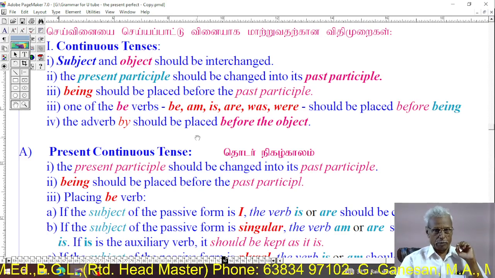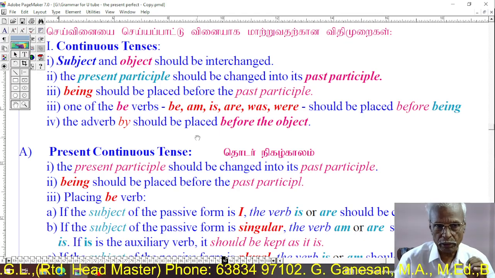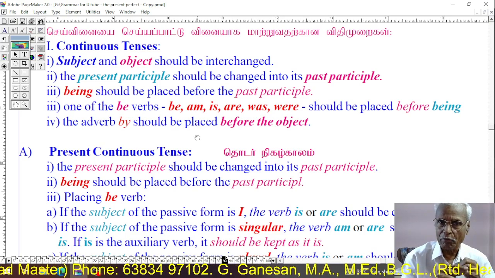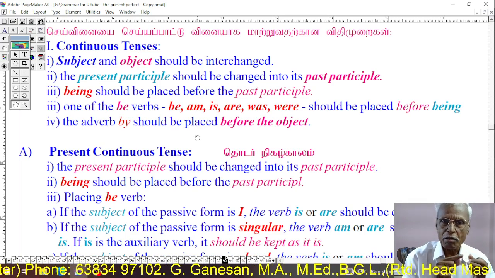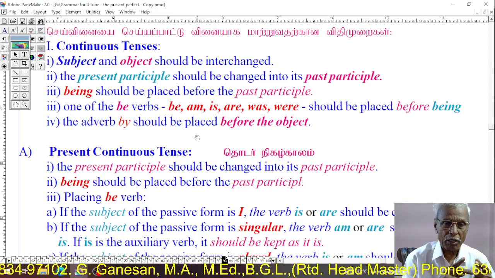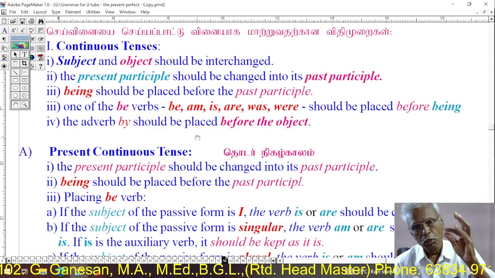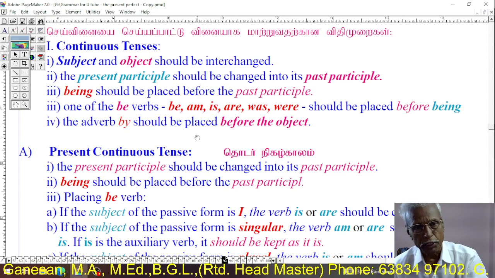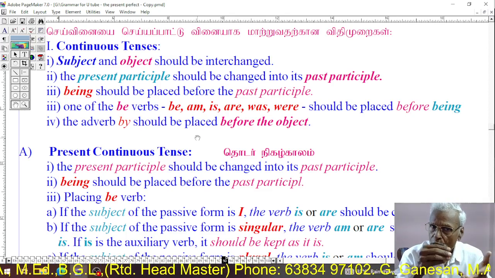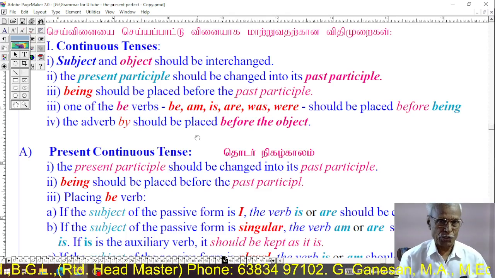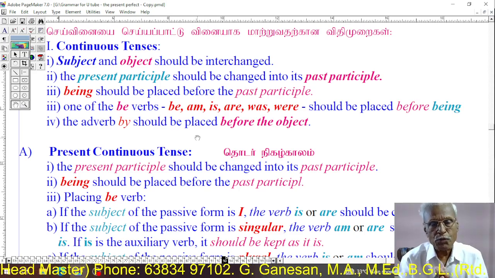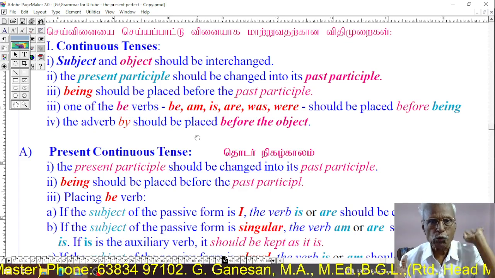Then there should be a be verb. That may be either am, is, are, was or were, of the 5 be verbs. According to the tense and the number, singular or plural, suitable be verbs should be used there.